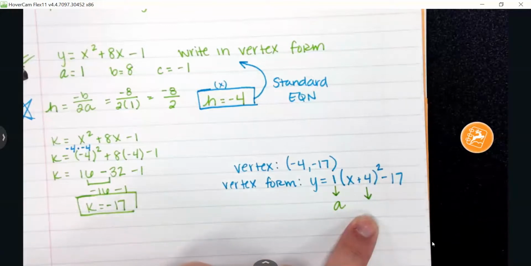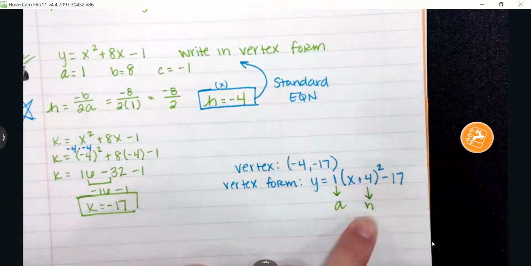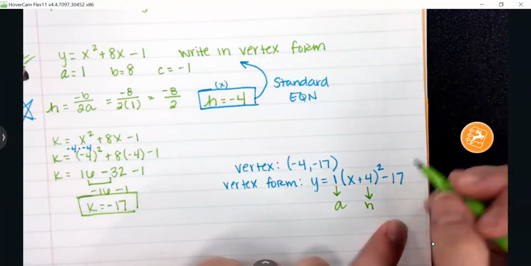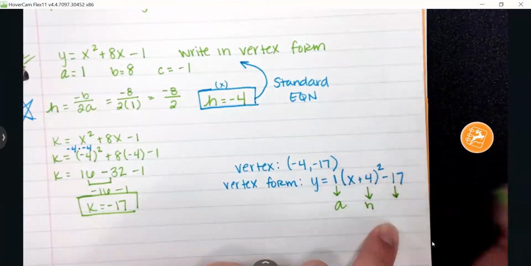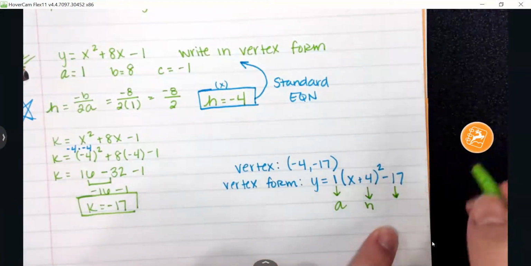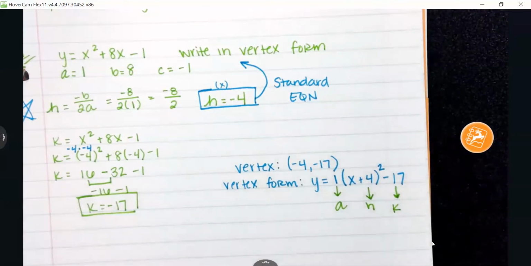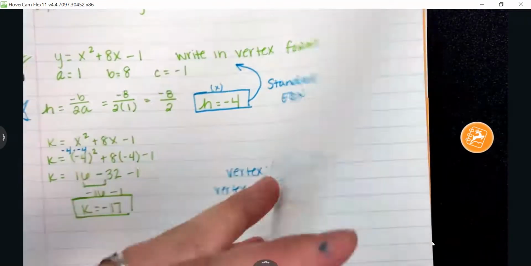From H. Why is it positive instead of negative? It switched. It's inside's opposite. Very good. Delphina, where did this negative 17 come from? K. Thank you, my dear. Very good. Questions so far? And then in topic 3, I'm going to ask you, what are those transformations? I can ask you more questions.